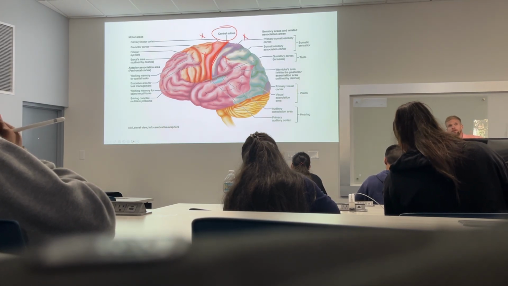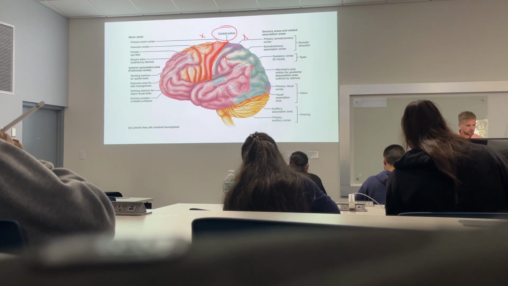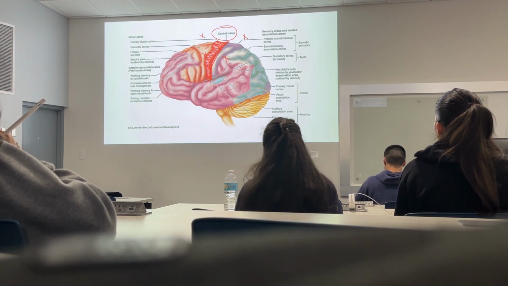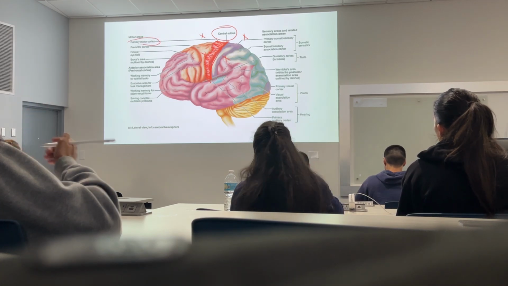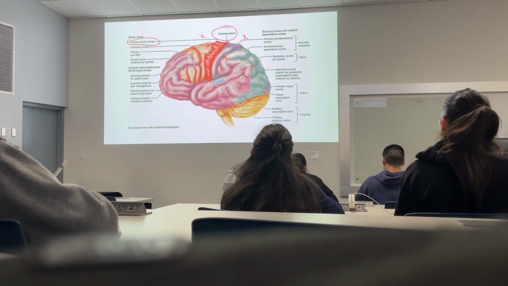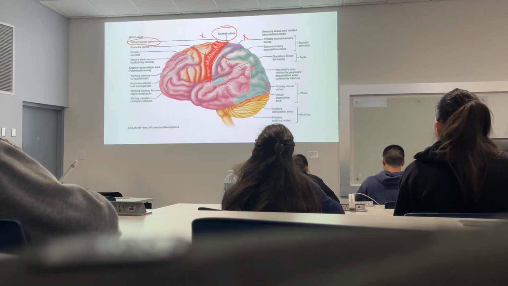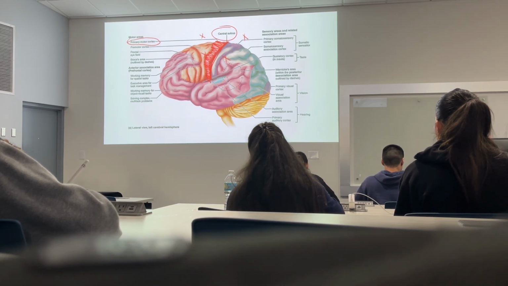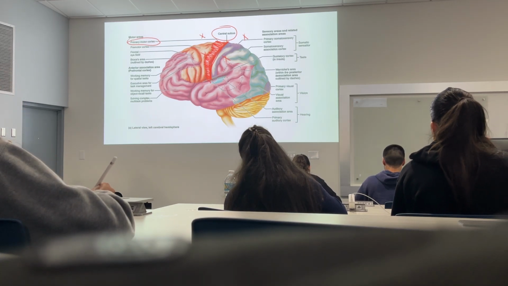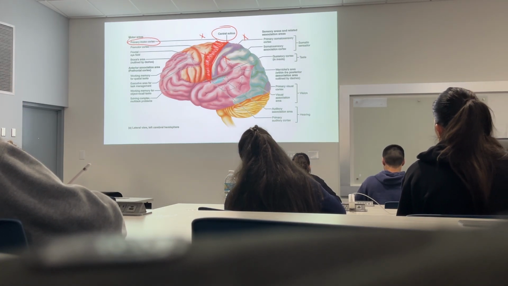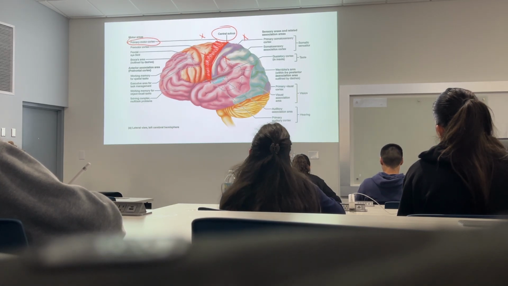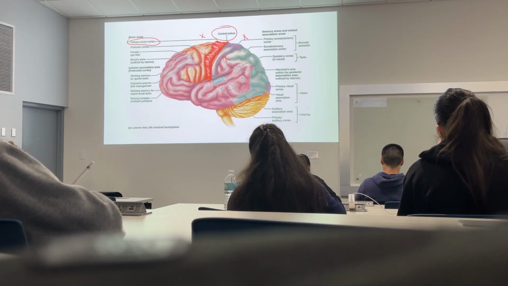And now, go right in front of the central sulcus, and you'll find what's called the primary motor cortex. The primary motor cortex is the part of the cerebral cortex, the gray matter, that exists right in front of the central sulcus. Again, find the central sulcus, go right in front of it, you'll find the primary motor cortex.